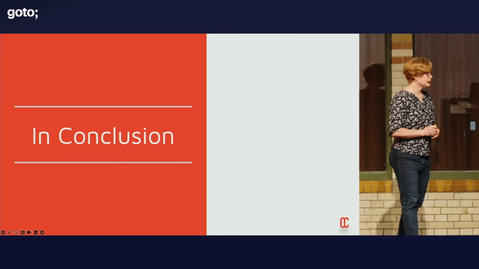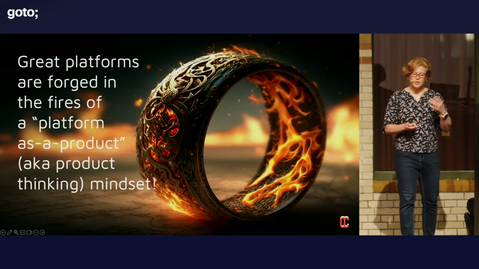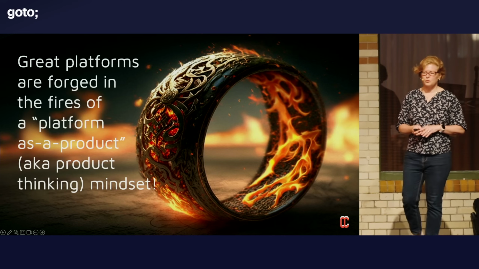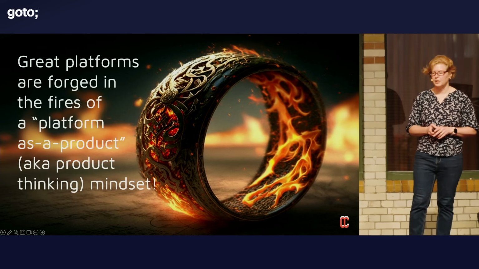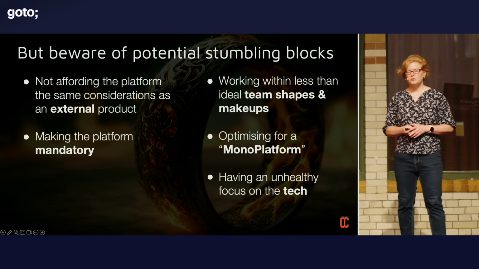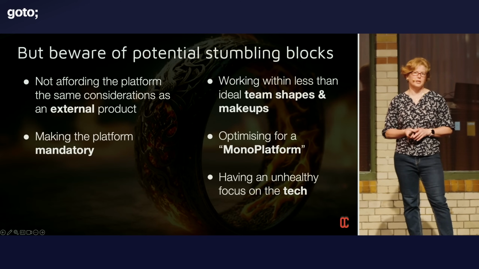So in conclusion, I really do believe that great platforms are forged in the fires of platform as a product, or a product thinking mindset. But you do need to be aware that when you do this, there are some stumbling blocks that you might encounter.